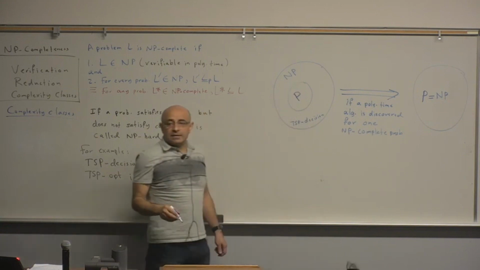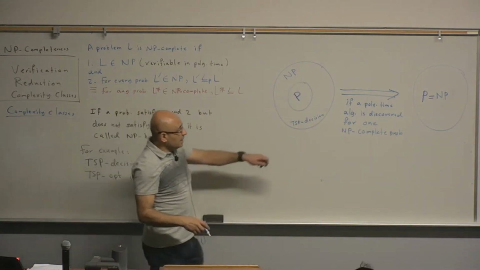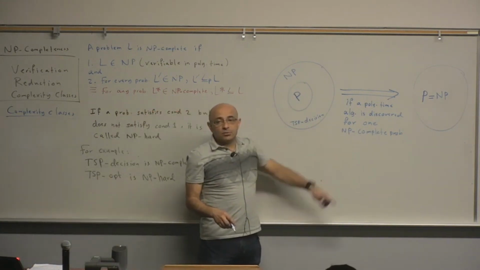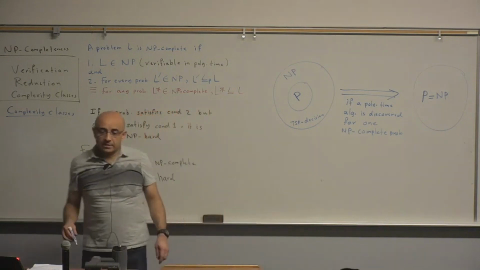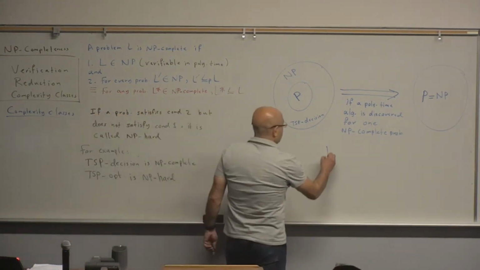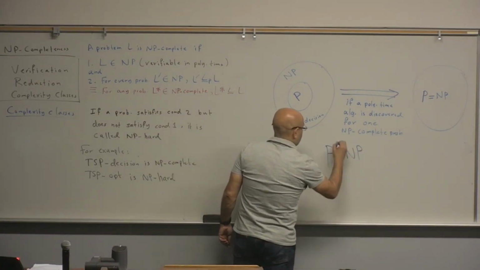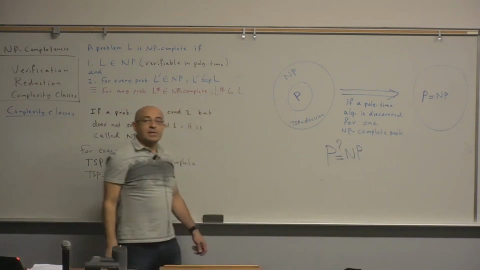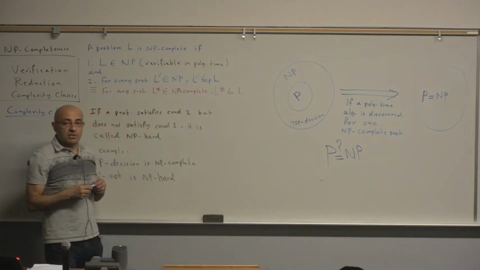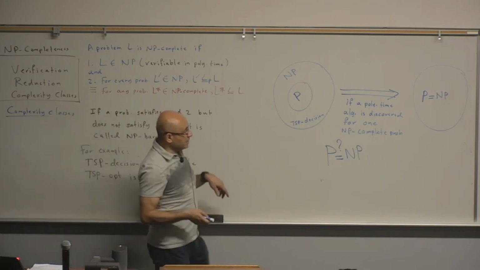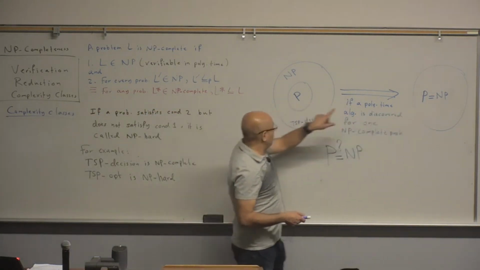Now the point is that if such an algorithm exists, we don't know. So this is the P equals NP question. This is an open question in computer science. We don't know if the relation is this or this.